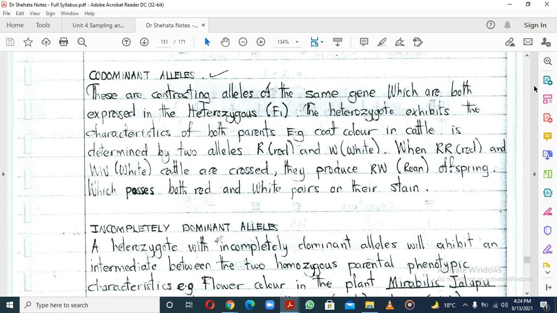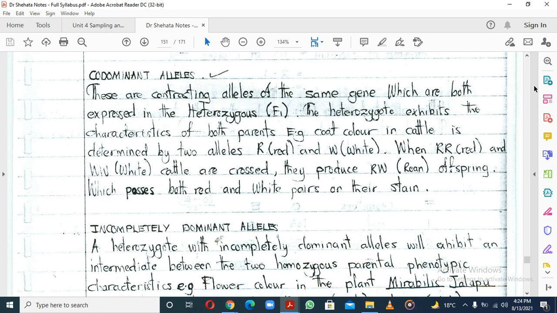But because these are codominant alleles, they are both going to be seen. So both are going to affect the color of the coat. The color that they're going to produce is roan. So they're going to produce roan offspring, meaning the color will have some red, some white, like that.